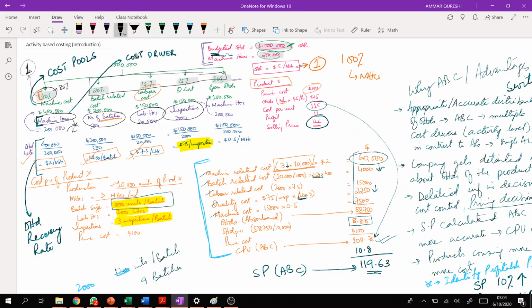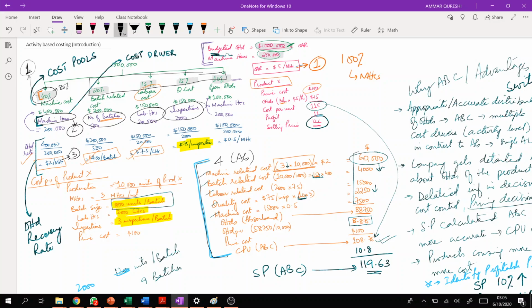Then we calculated overhead recovery rates. After the calculation of overhead recovery rates, we used these rates for the absorption of overhead. So this is the fourth thing which we did, absorption of overhead.